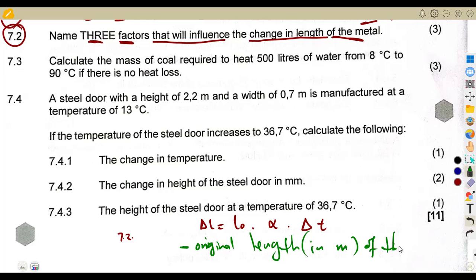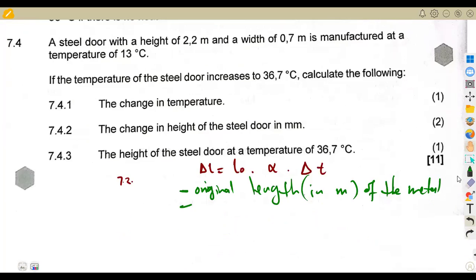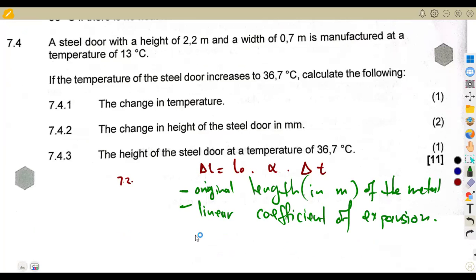What else do we need? We are going to need the linear coefficient of expansion.